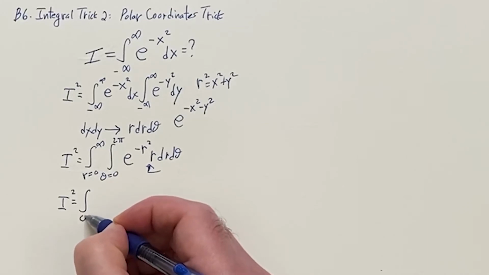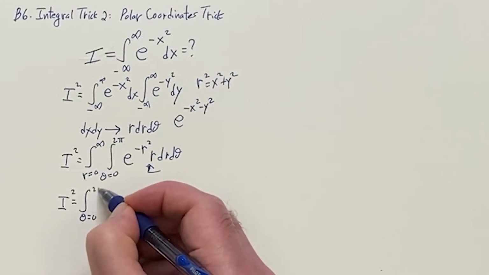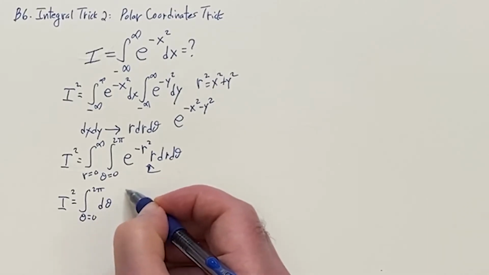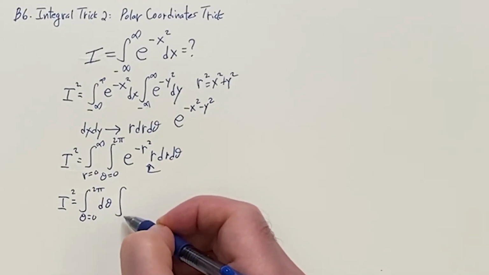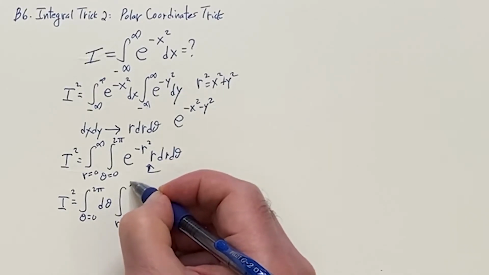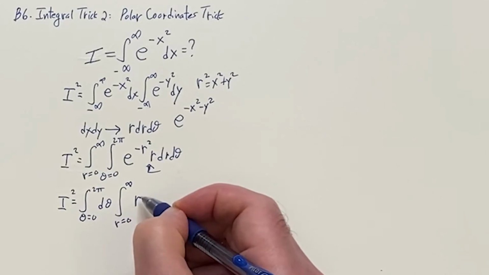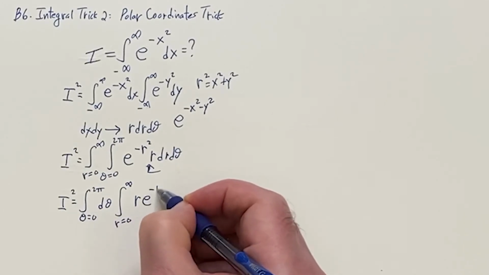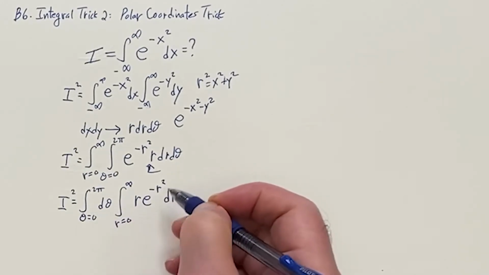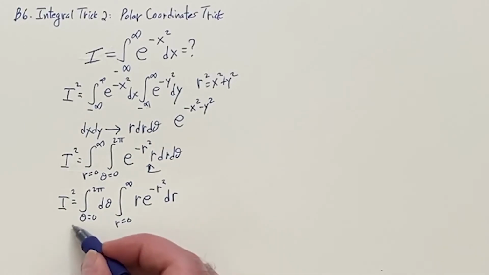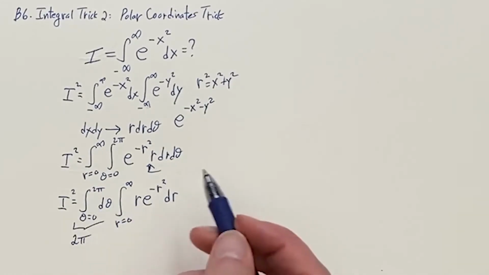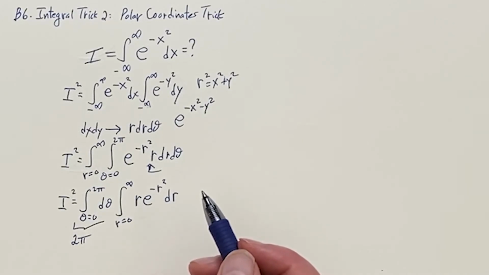We can have theta going from 0 to 2 pi of d theta, and then r goes from 0 to infinity of r e to the minus r squared dr. This one integrates to 2 pi, since you'll just get theta, swinging around from 0 to 2 pi.